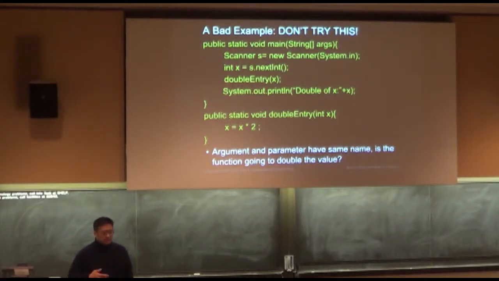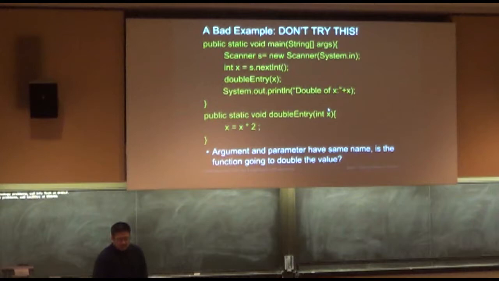So you or the user will be looking for this bug, and the bug is a little bit hidden because this variable x here is not the same variable as this x here, because this method variable doesn't exist in the scope of the main method. It exists in the scope of the class method here called double entry.